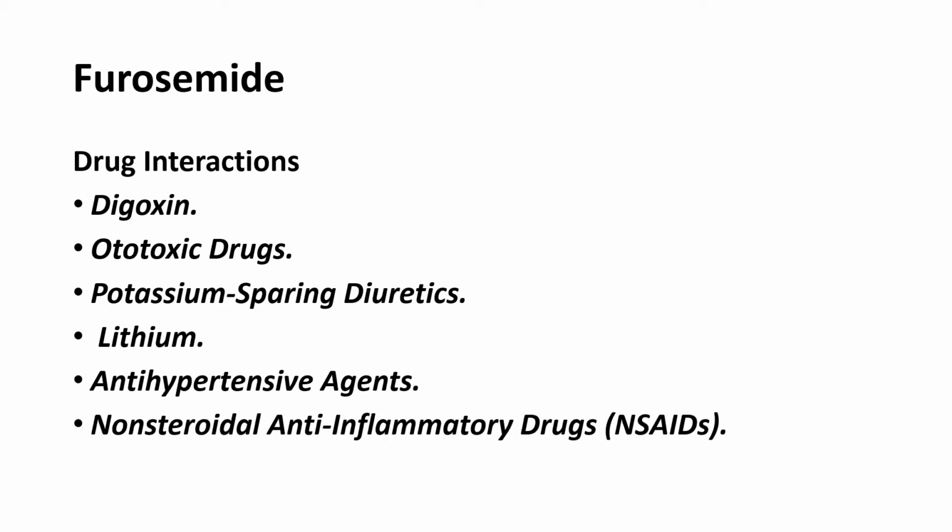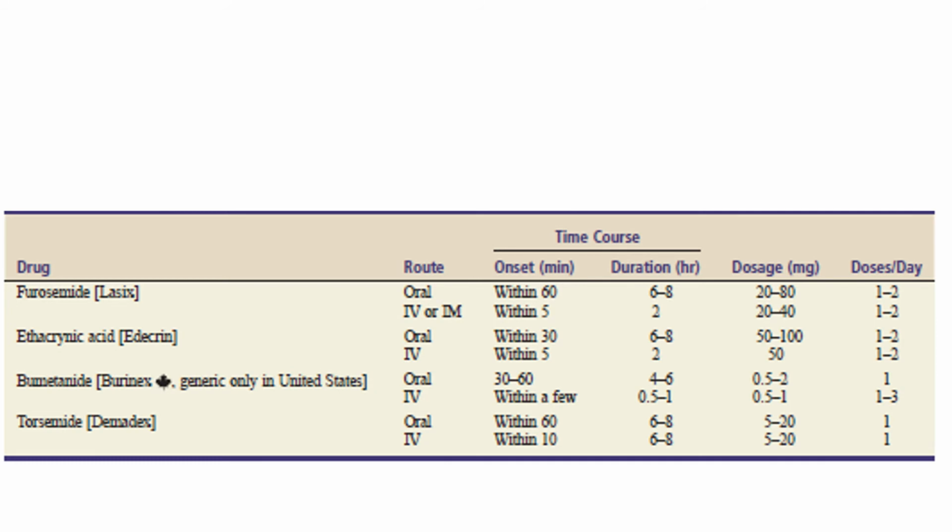Next will be your NSAIDs, or your non-steroidal anti-inflammatory drugs. So aspirin and other NSAIDs can attenuate the diuretic effect of furosemide. So these are the loop diuretics routes, the time course, and the dosage.